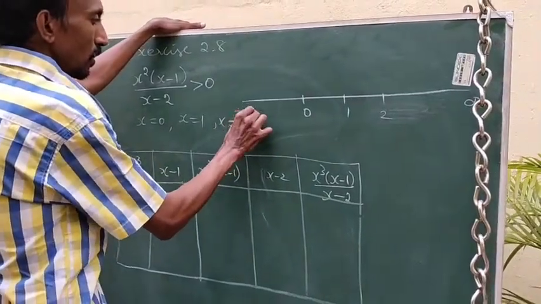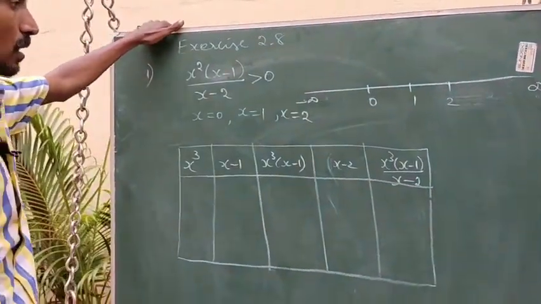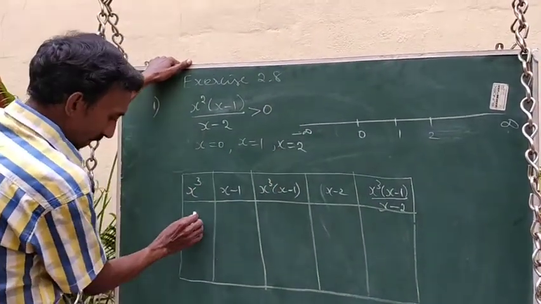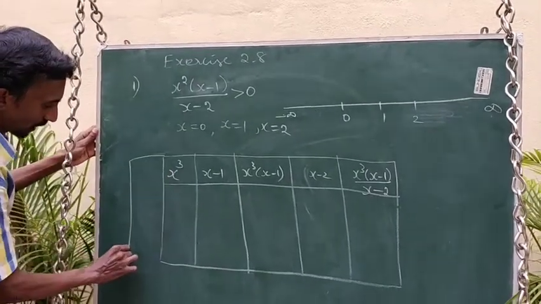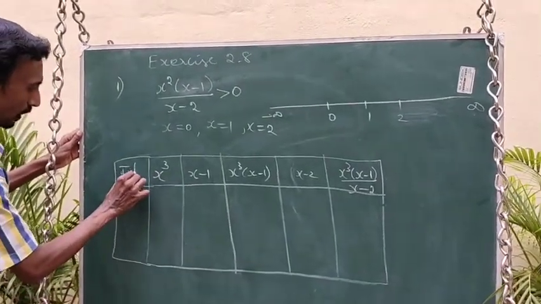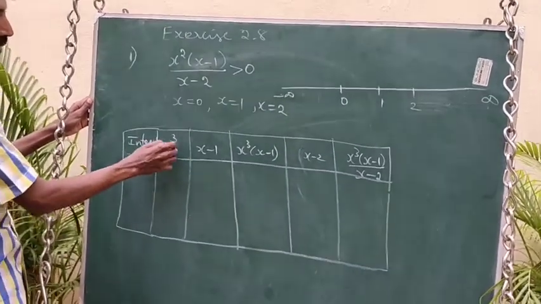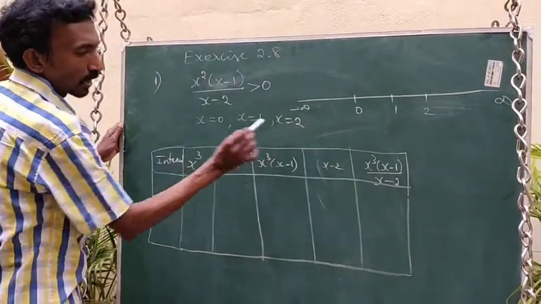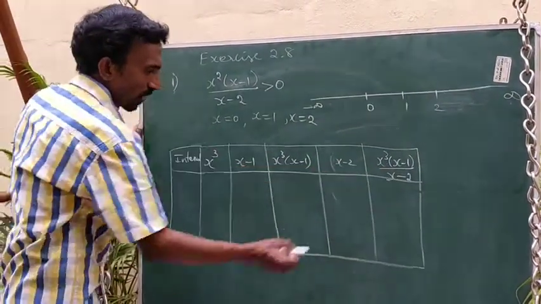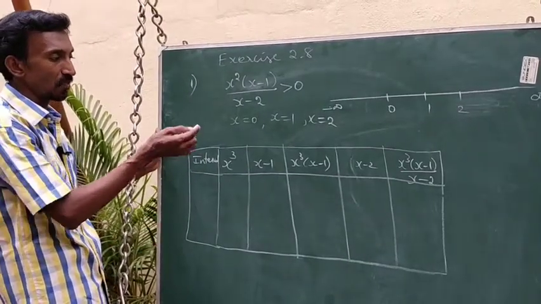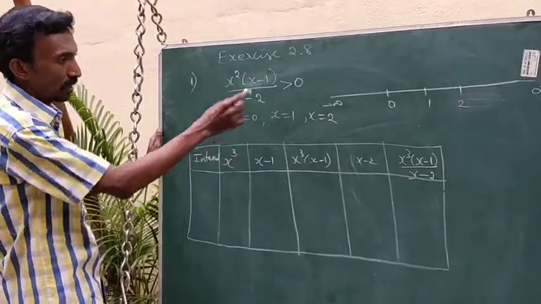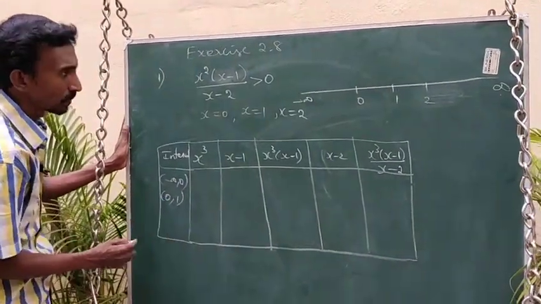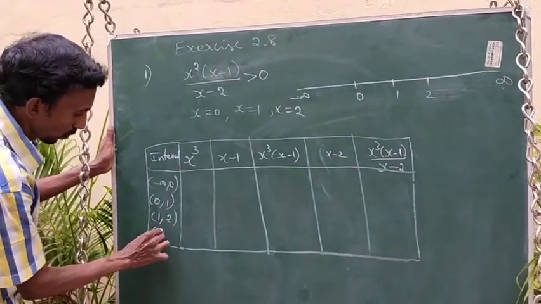Finally, our aim is to decide the sign of the factors in each interval. So first minus infinity to 0, 0 to 1, 1 to 2, 2 to plus infinity.